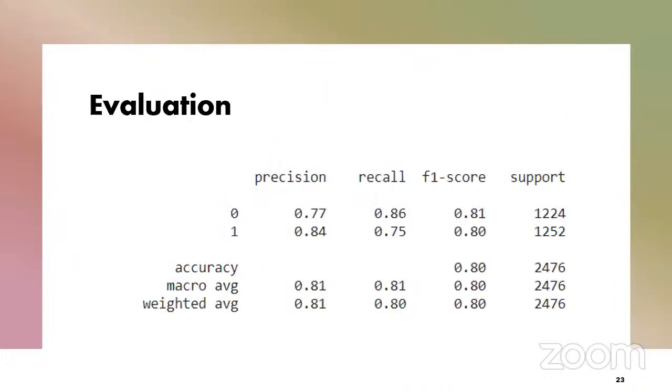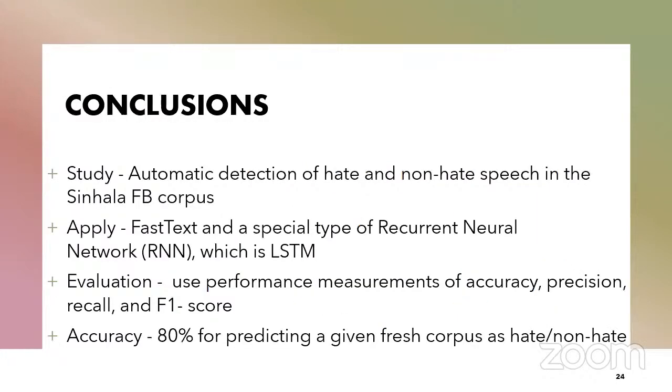We evaluated the model using the metrics precision, recall, F1 score and accuracy with the Facebook posts. The experiment shows that the trained model achieved an accuracy of 80% for hate and non-hate speech detection with the Sinhala corpus. In this study, we examined the automatic detection of hate and non-hate speech in the Sinhala Facebook corpus.